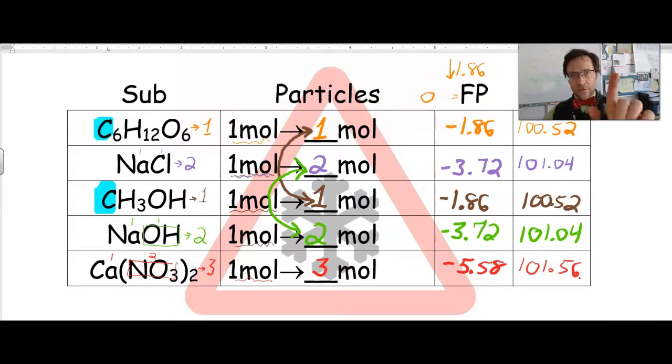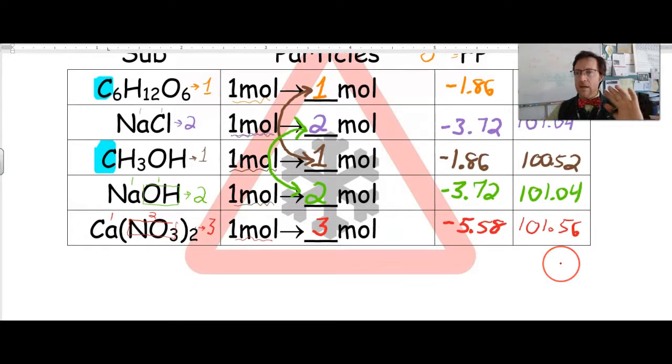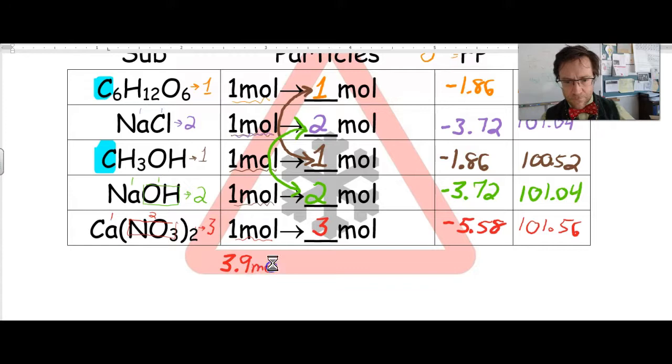Awesome. All right, one thing before we get any further, I want to look at how it can get a little bit more ugly. Like this one, let's start with calcium nitrate. Let's say instead of 1 mole, let's do 3.9 moles. So calcium nitrate will make 3 particles for every mole.